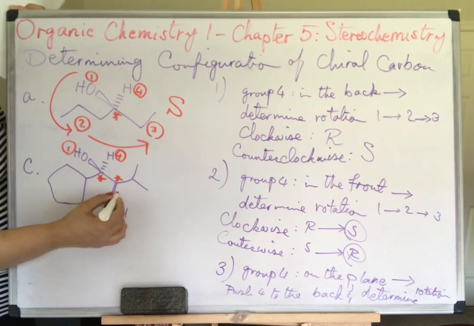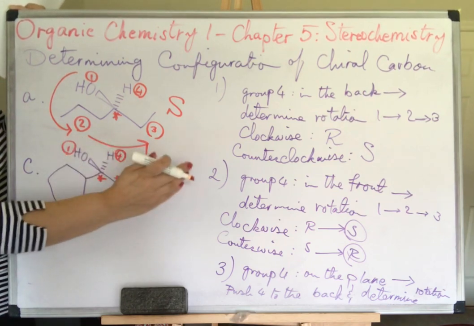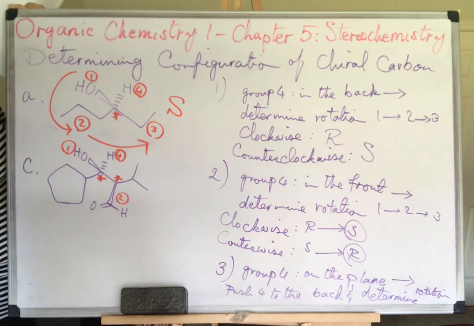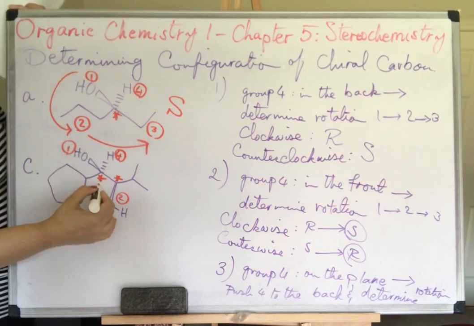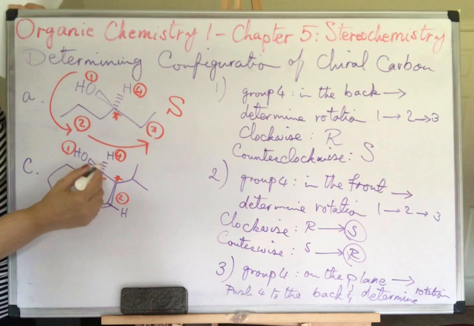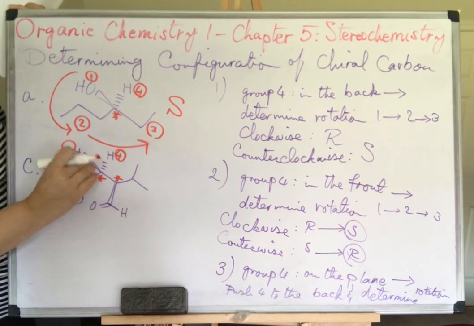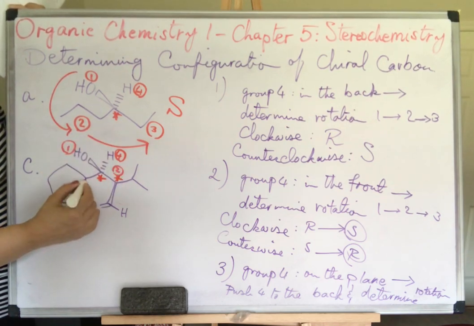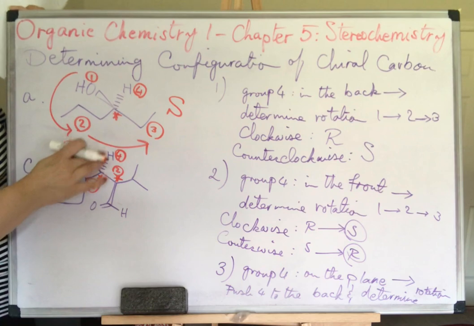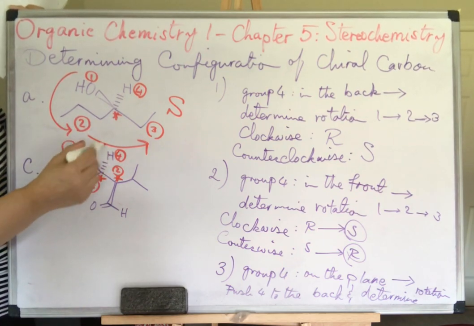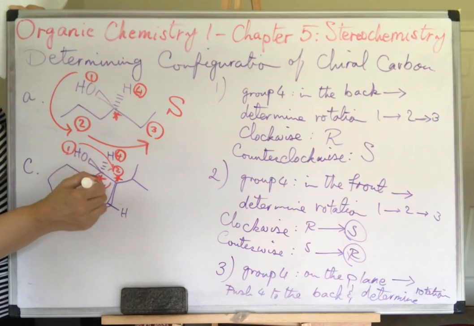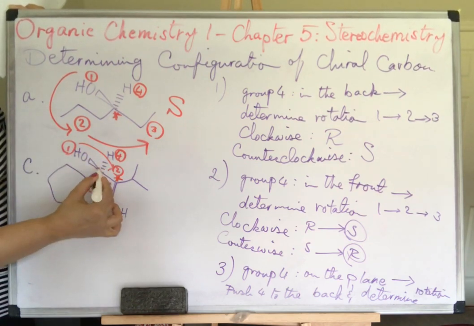So this is group number 2, for sure, and this is group number 3. Hydrogen is already in the back, so the rotation is 1 to 2 to 3, so this carbon is R.